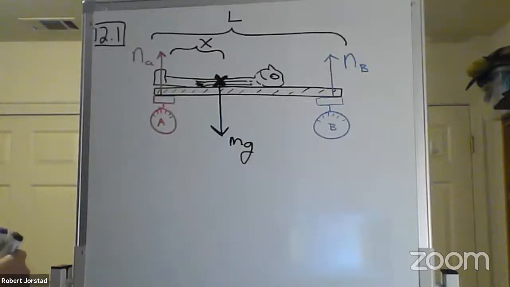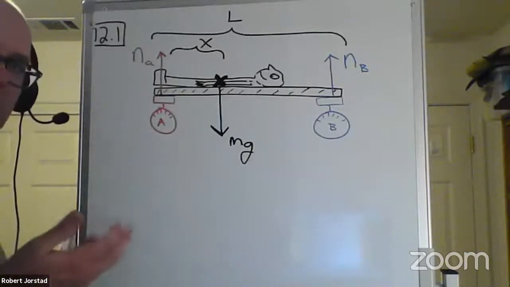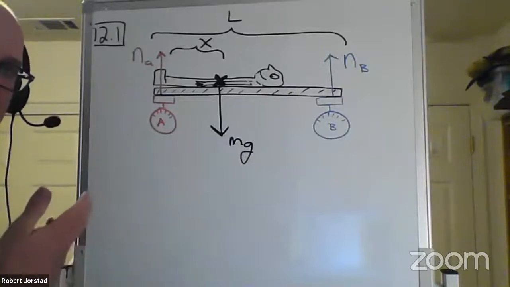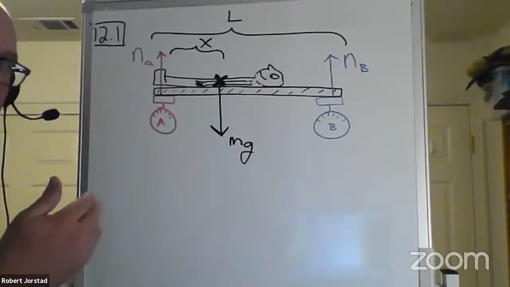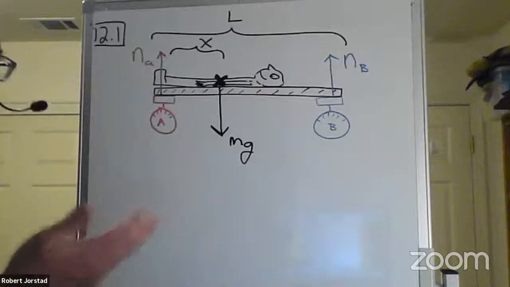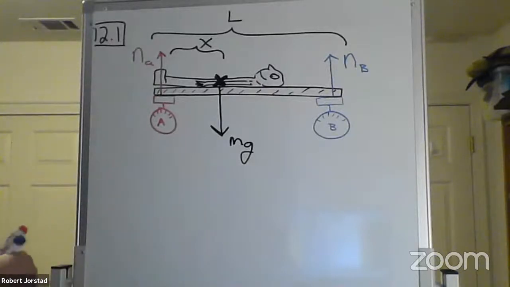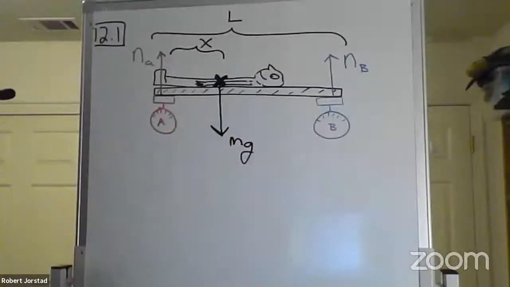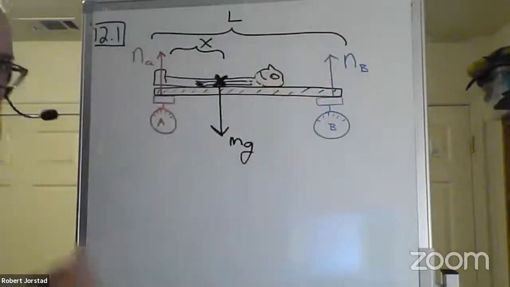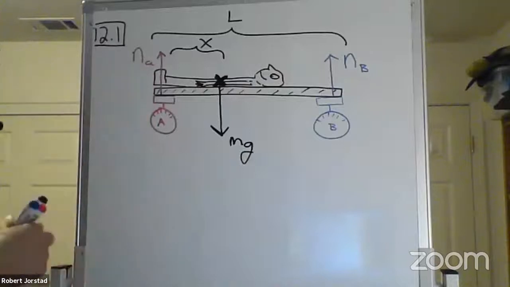That said, normally, what is the first step in these types of problems, according to the solution or the strategy? Do we do forces or torques first, usually? Torque. What are the three obvious points? 1, 2, 3. Let's just do torque about A, okay?